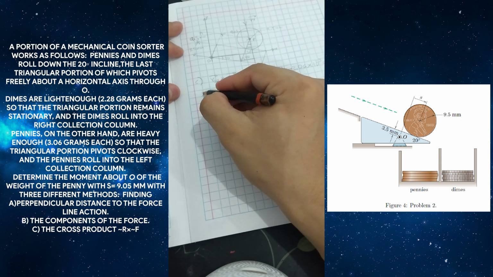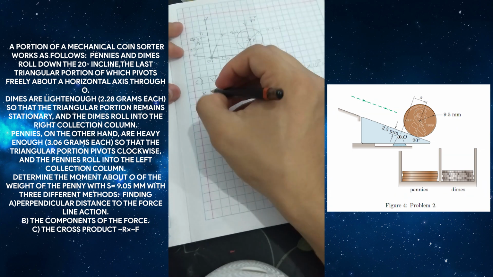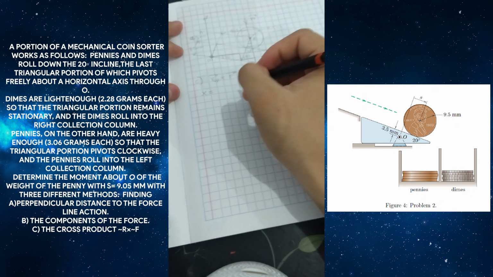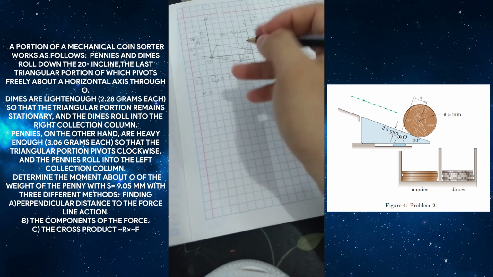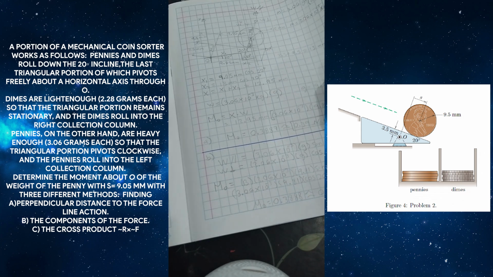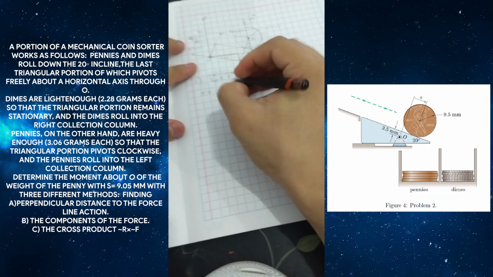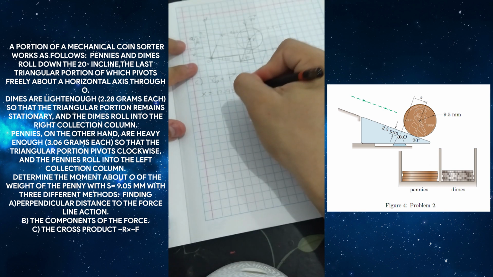Well, the coordinate of x, we already know, is equal to 12.95 millimeters.